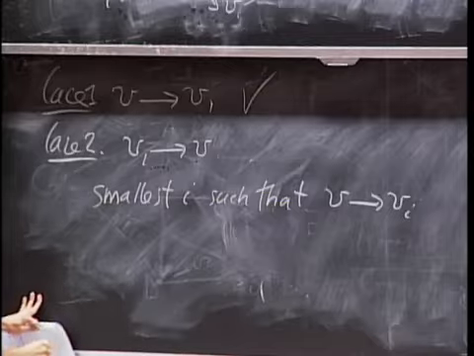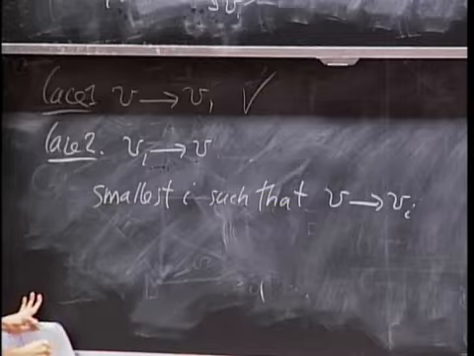Okay, so we have V1, and first of all, we notice that i cannot equal 1, so we know that i is larger than 1, so there's really a Vi minus 1.